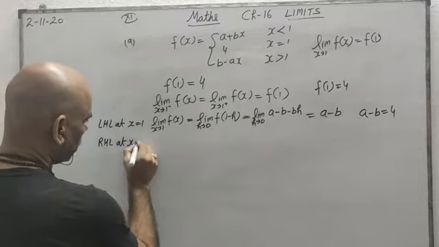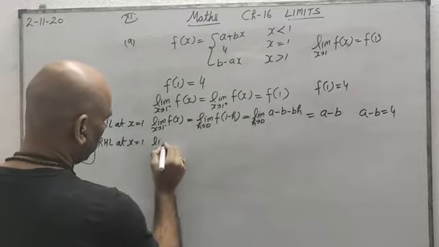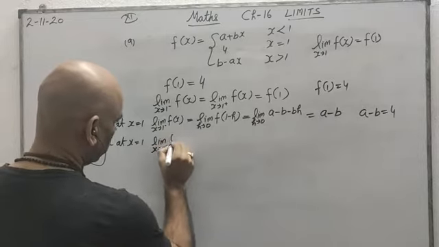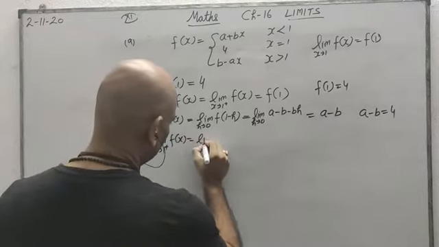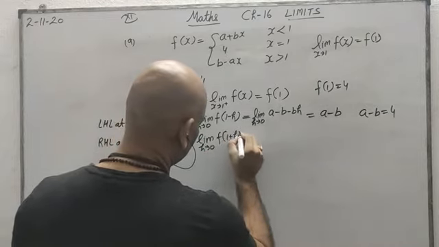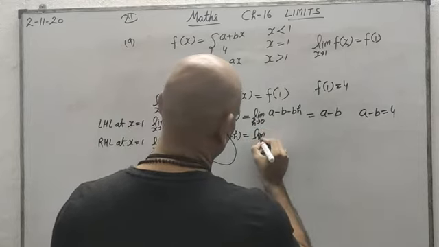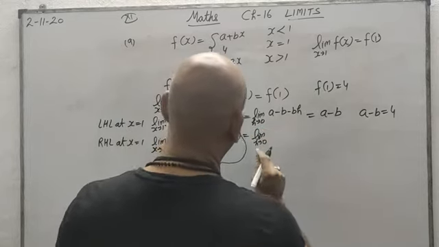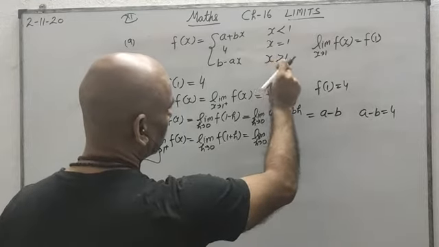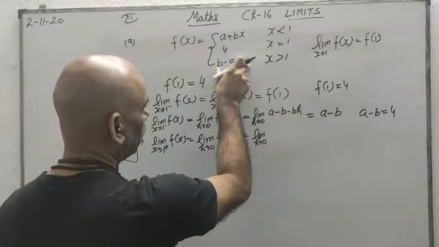Similarly, RHL at x equal to 1 positive. Limit h tends to 0 f(1 + h). Now the value of x is more than 1, so the value of the function is this.